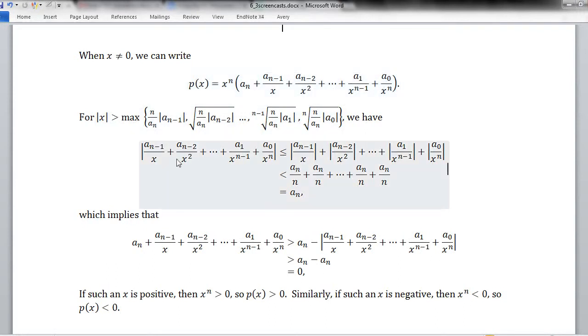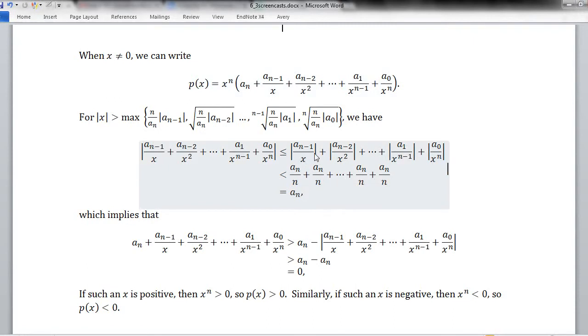Okay, so what is the absolute value of all of these terms? Well, by the triangle inequality, it's less than or equal to the sum of the absolute values of the terms. And I want that sum to be less than a sub n. Okay, and so one way to do that is to force all n of these terms to be less than 1/n of a sub n.